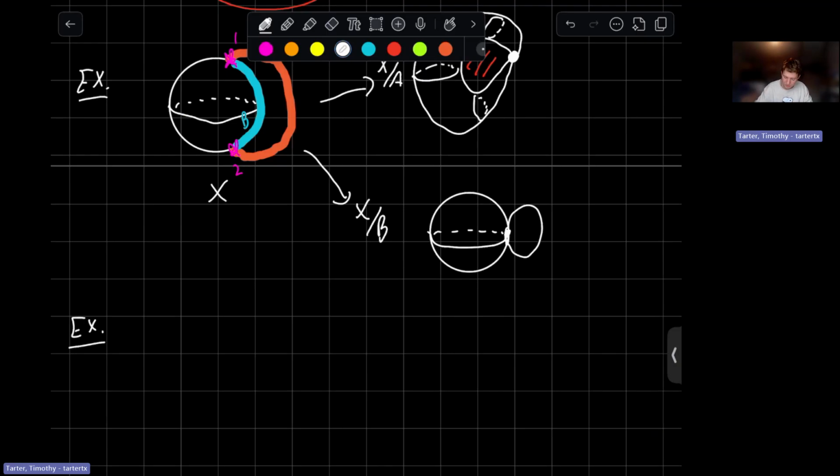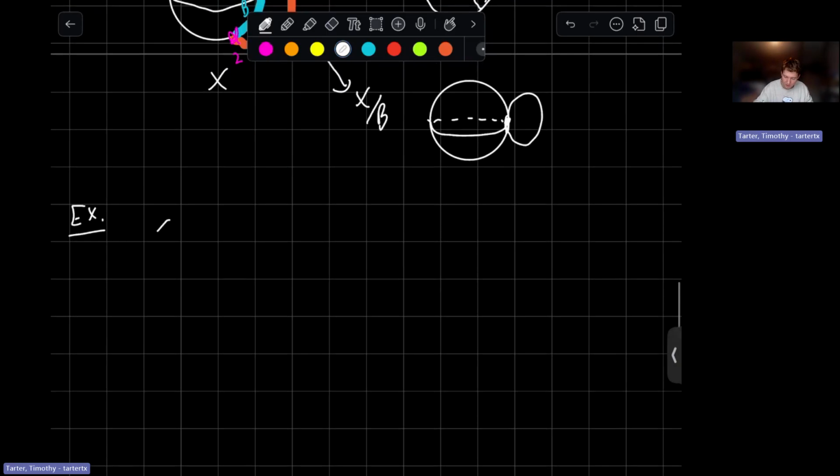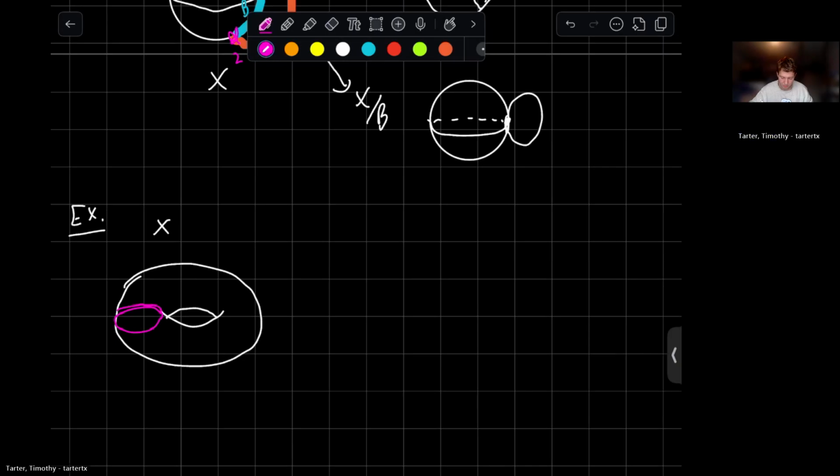So consider X to be the space that is a torus like so with meridional disks, and now it will be clear. Like that.